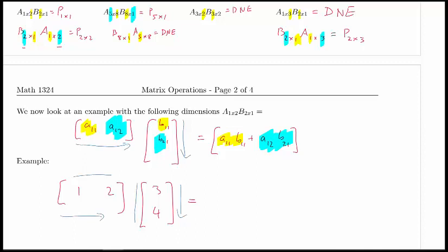They match. That's what we need. I'll actually show it right here. So the 2's match, and then you see the outer 1 and 1. So this ends up being a single element matrix, just like that.